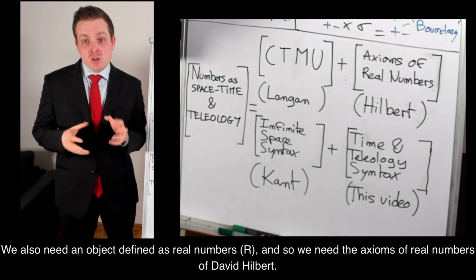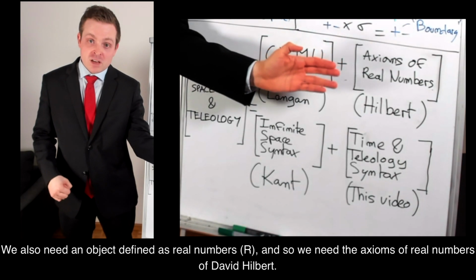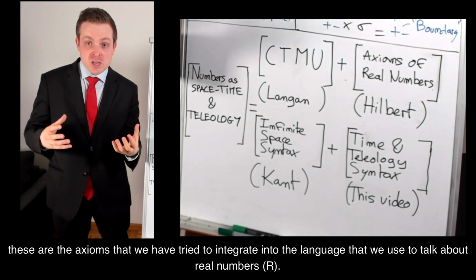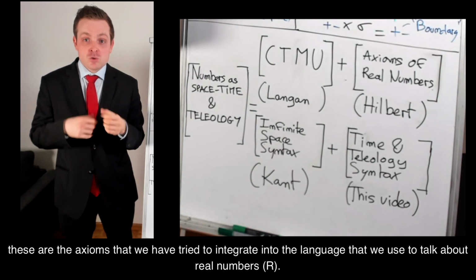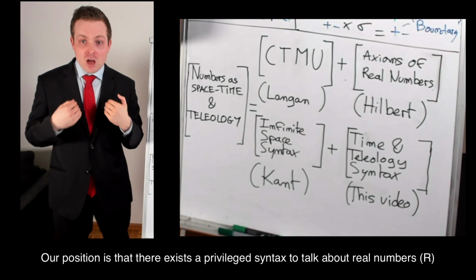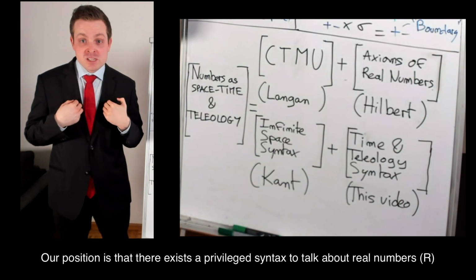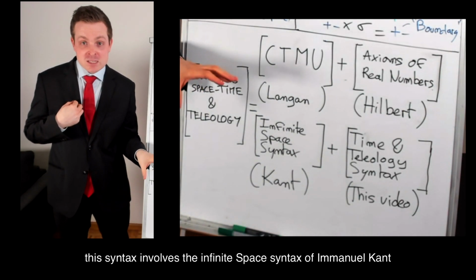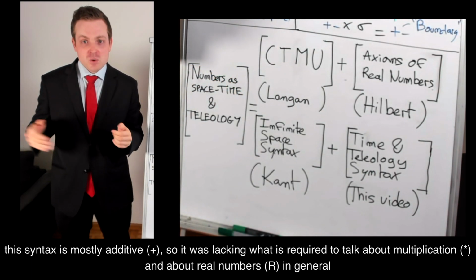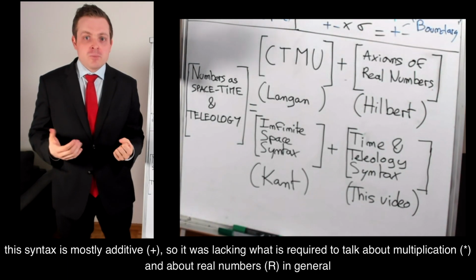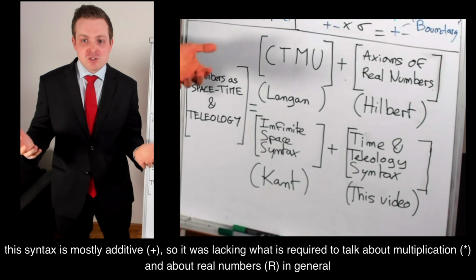Then we also need an object defined as real numbers, and so we need the axioms of real numbers of David Hilbert. And these are the axioms that we have tried to integrate into the language that we use to talk about real numbers. Then our position is that there exists a privileged syntax to talk about real numbers. This syntax involves the infinite space syntax of Kant, but this syntax is mostly additive, and so it was lacking what is required to talk about multiplication and about real numbers in general.